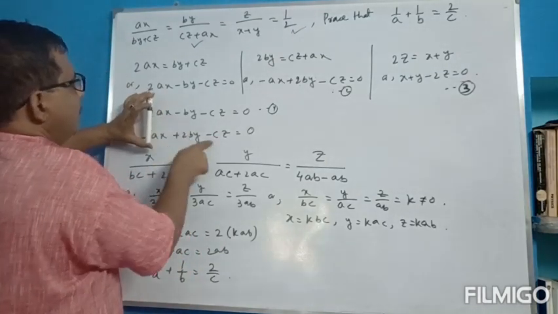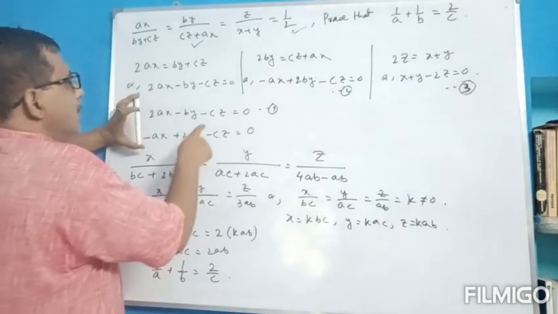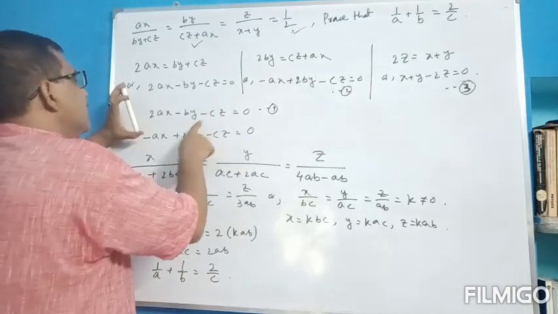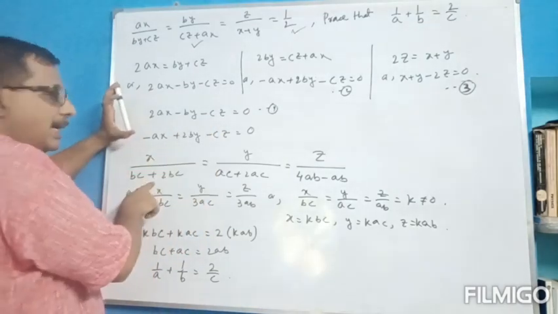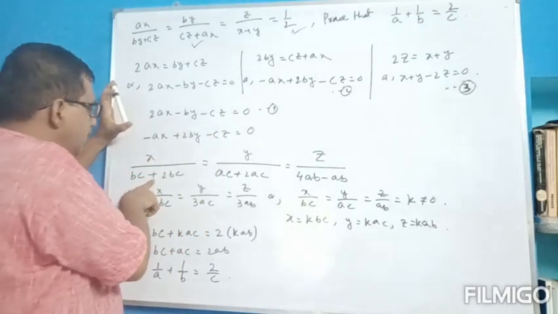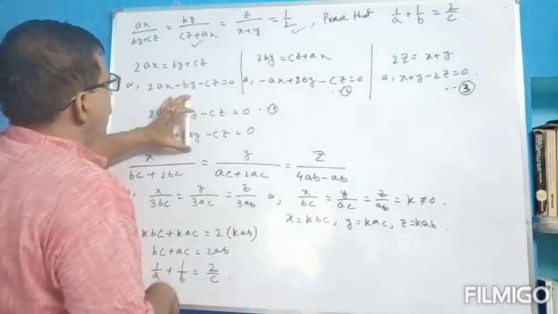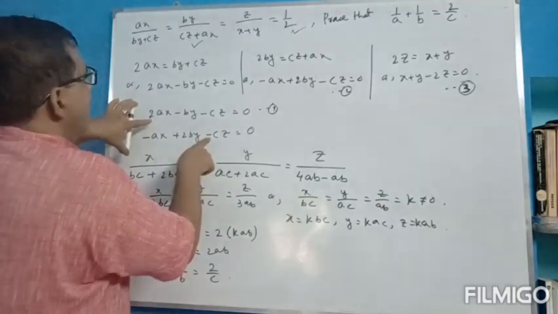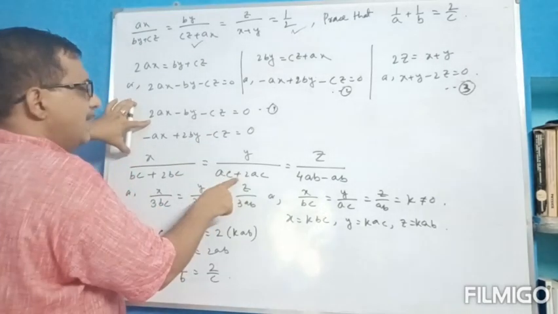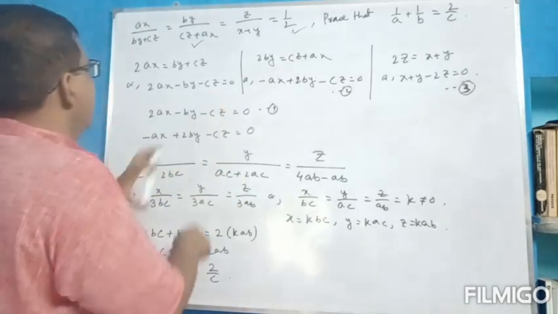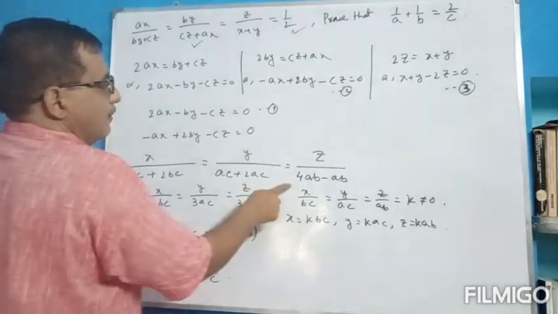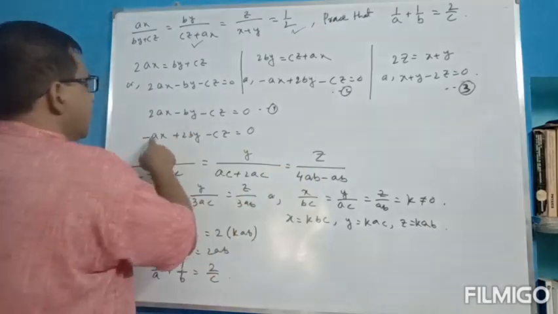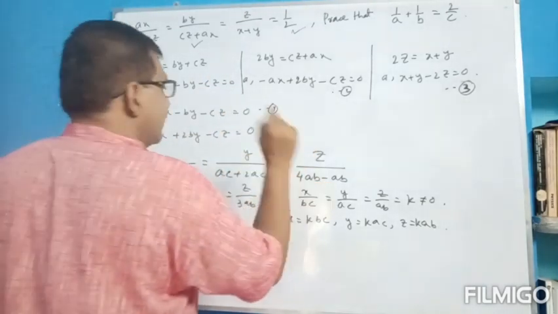This is minus b into minus c, so plus bc, minus of 2b into c, minus 2bc, and in the formula again minus, so it is plus 2bc. y by minus c into minus a, that is plus ac, and this is minus 2ac, again minus, so plus 2ac. z by 2a into 2b minus, that means 4ab, and this is plus minus minus plus, again minus multiply, so minus ab.